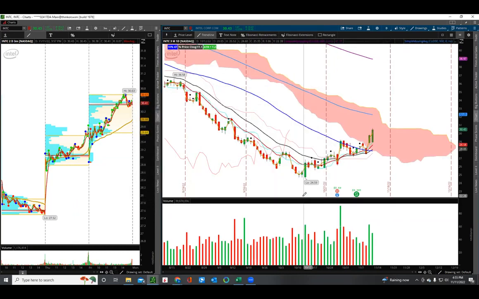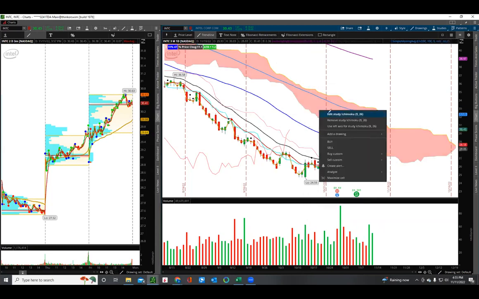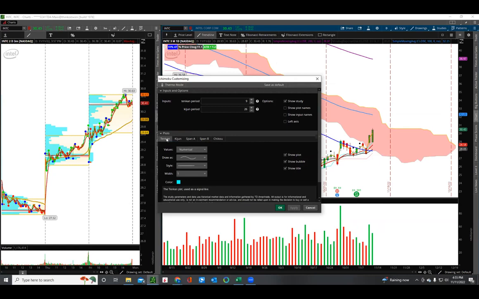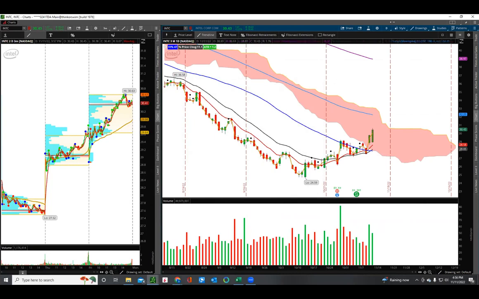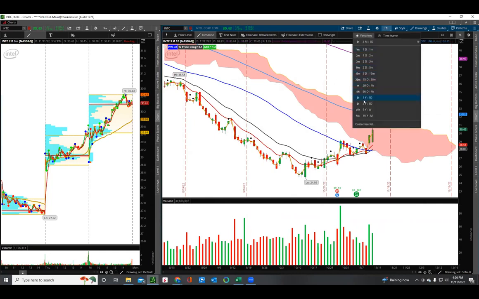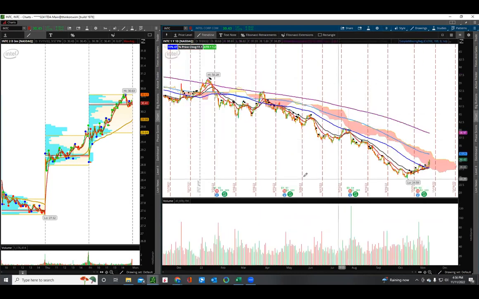Okay, there we go. Ichimoku cloud. Now, let me just highlight this. Let's edit. Let's get rid of a couple things. This we don't need. This we don't need. Span A, Span B we want, and this we don't need. Boom. Okay. Let me zoom out a little bit. Ichimoku cloud. That's it.